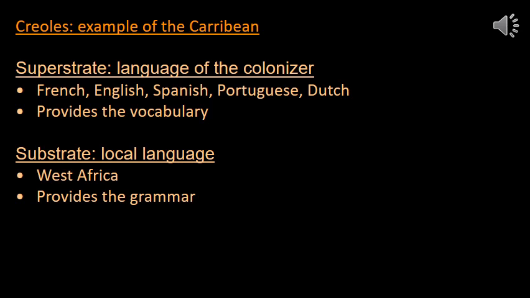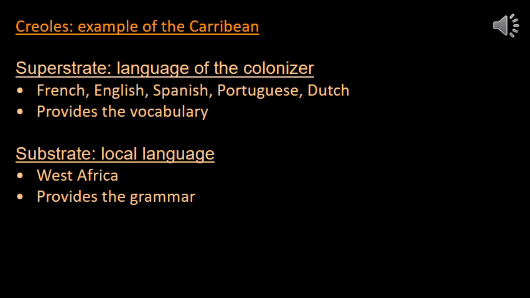non-free people around. So a Creole is composed of two things, any Creole. The first thing is a superstrate. A superstrate is a language of the colonizer.